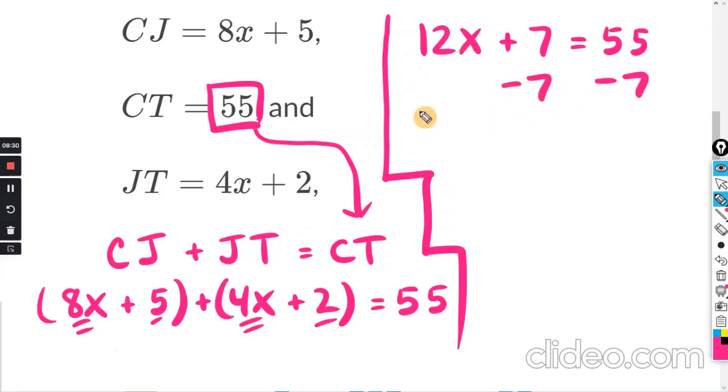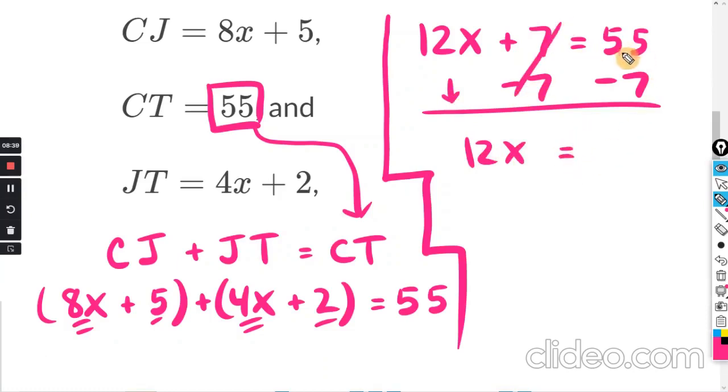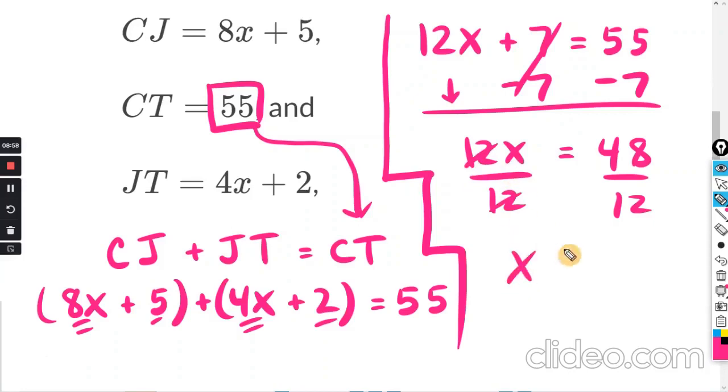I do that to both sides. Bring down your 12x. 7 minus 7 cancels. Bring down the equals, and 55 minus 7 is going to be 48. Finally, solving for x, we have x times 12, and the opposite is divided by 12. You do it to both sides, and 12 over 12 cancels. x equals 48 divided by 12, which is just 4.